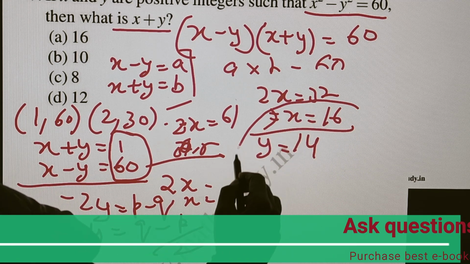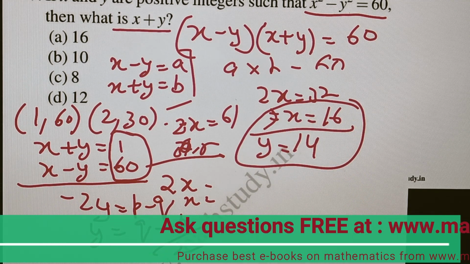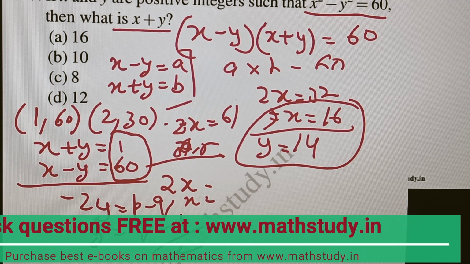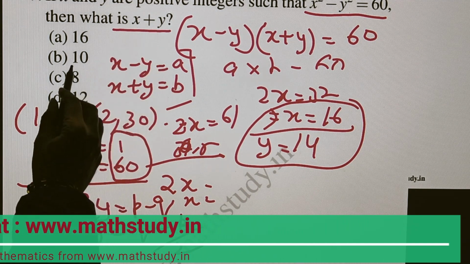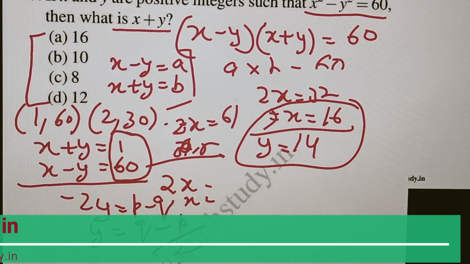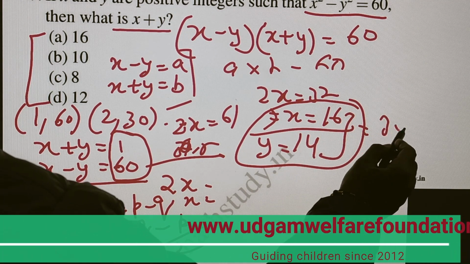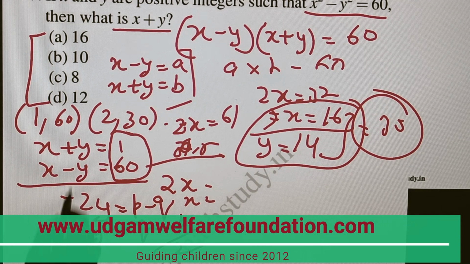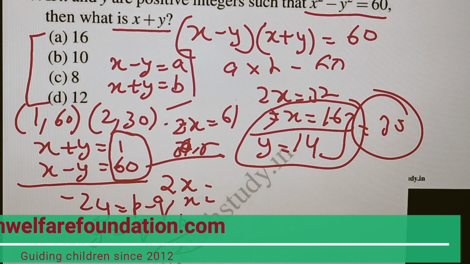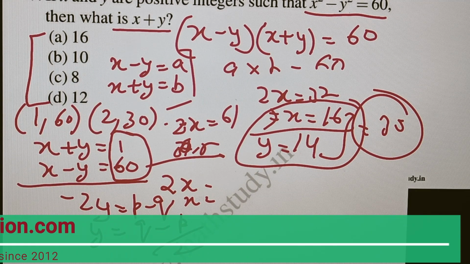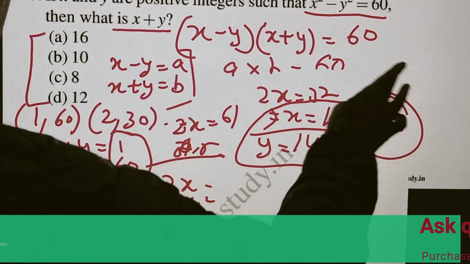So we got our first pair of integral values, that is 16 and 14. Now it is asking what x plus y is. So obviously if we add 16 plus 14, we get 30, and there is no such option available here. So we have to do more calculations. So let's erase here.